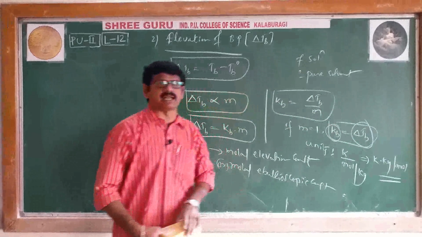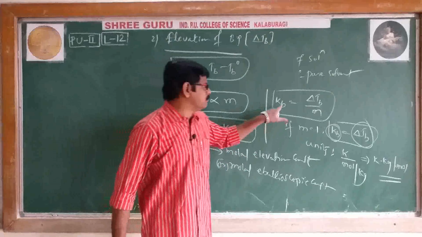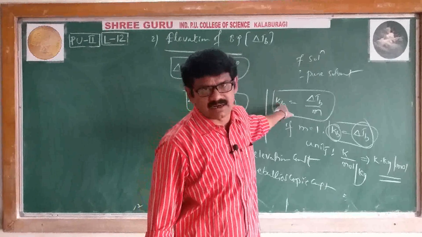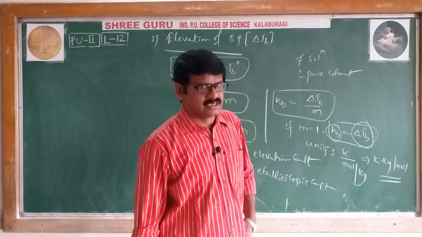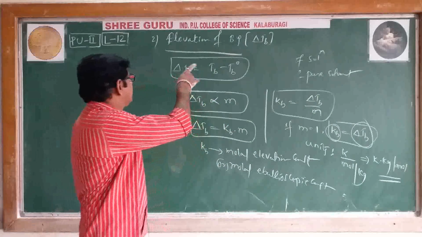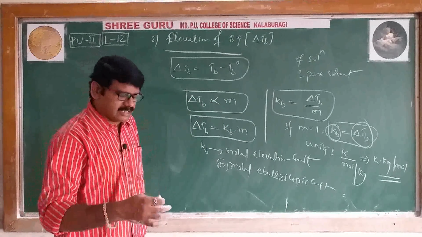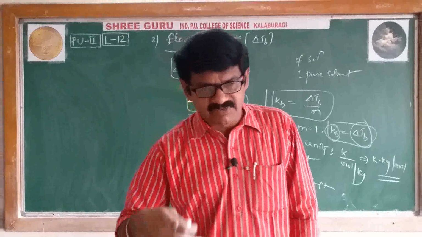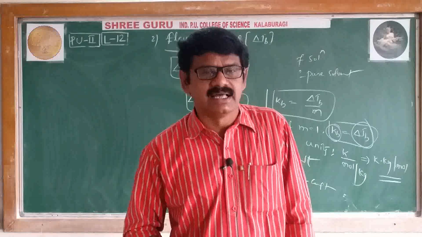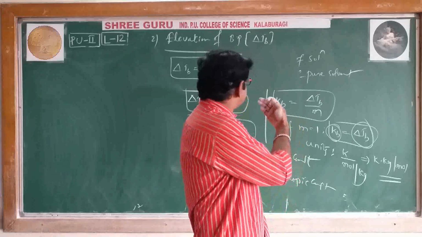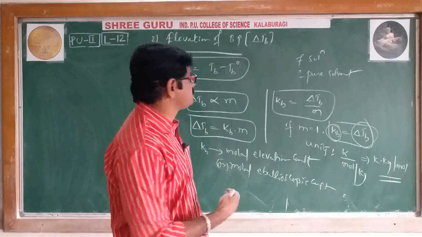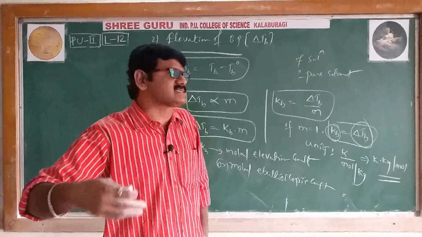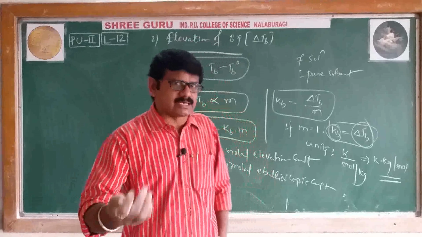Kelvin kg per mole is the unit of the molal elevation constant. This is about elevation in boiling point. The graphical study we still did not discuss, and one more extension formula of the molal elevation constant is also there, that we'll discuss.